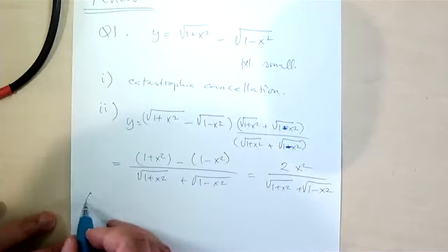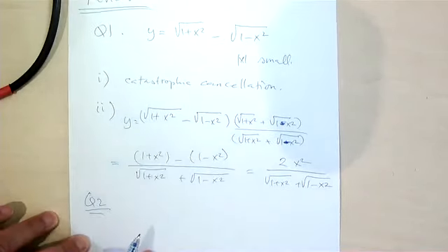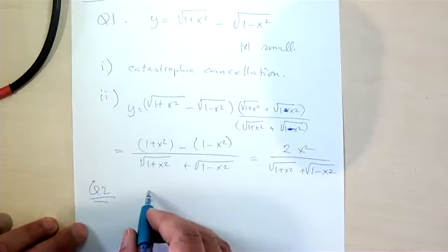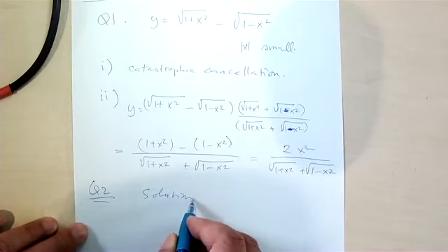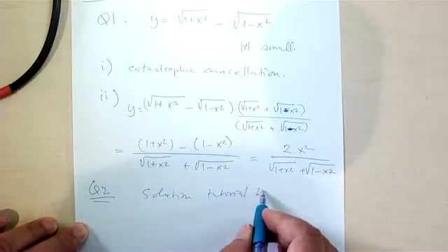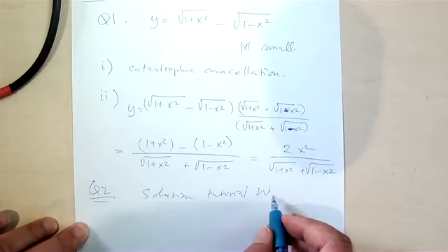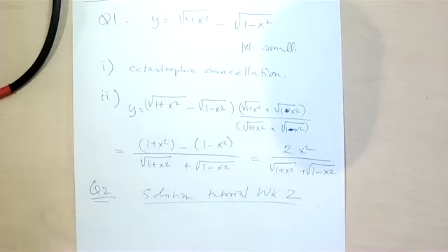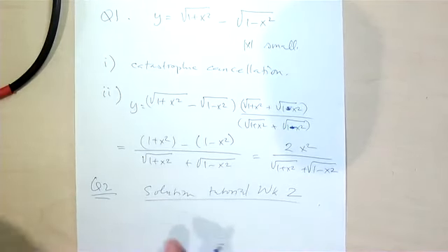So question number 2, binary representation of 193. So this one I can look at the solution for tutorial week 2. Okay, so look at the solution there. I think I did this one already.